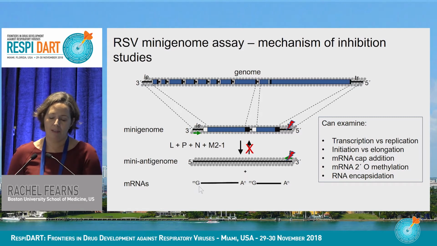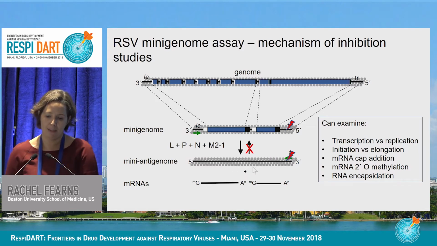We've also now determined that we can look at 2' methylation of those RNAs. And we can also use assays to determine if the RNA has become encapsulated or not. So we have this whole menu of different assays that we can use to look at RSV polymerase activity in a cell-based system.